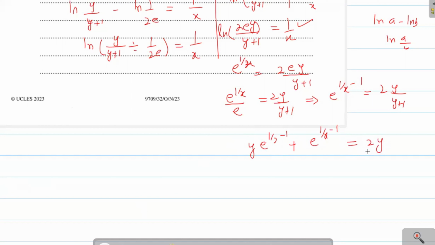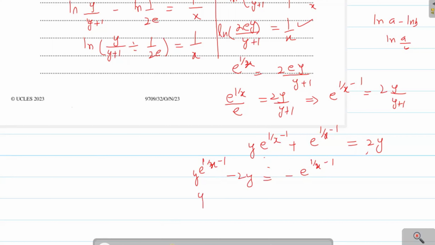Now we shift the value of 2y from right to left side. We can write it as y into e power 1 over x minus 1 minus 2y equal to minus e power 1 over x minus 1.